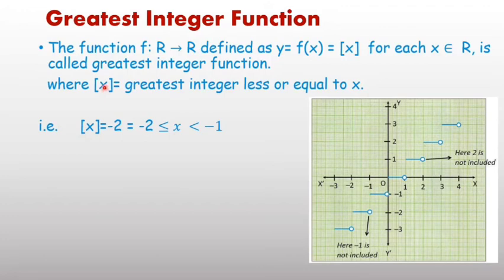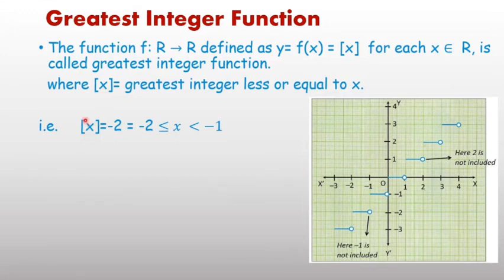For [2.9], again the same process: the greatest integer less than or equal to 2.9. Integers less than 2.9 are 2, 1, 0, minus 1, minus 2, many integers, but the greatest is 2. Similarly, the value of [3.8] is 3.